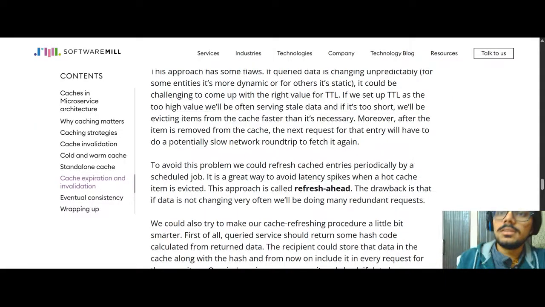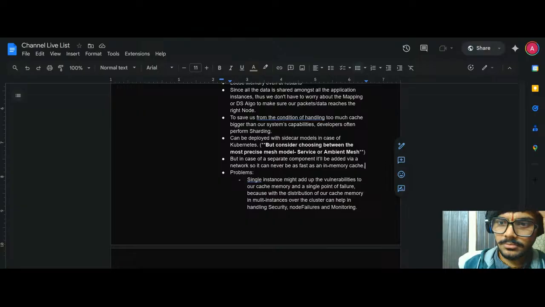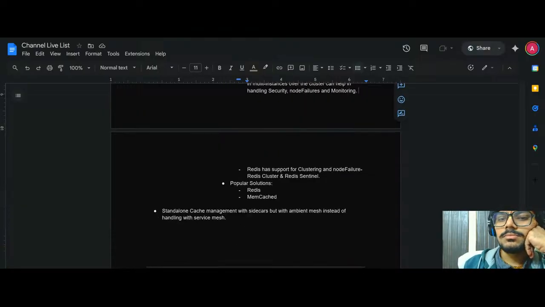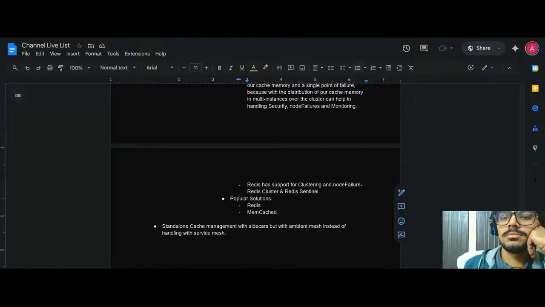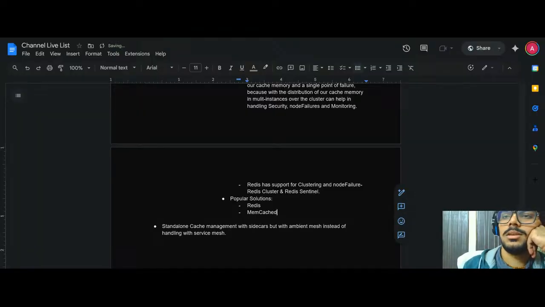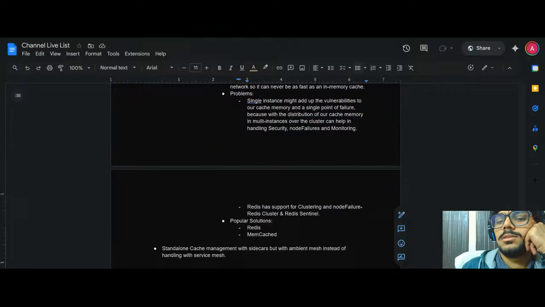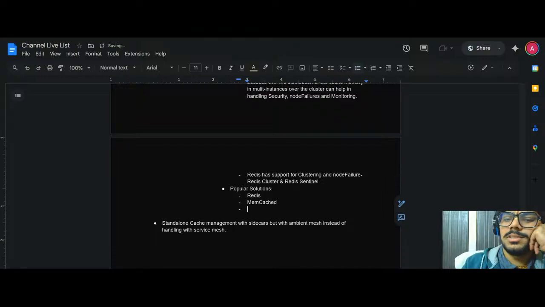Great. Let me change our tabs as well. What is it? Yeah. Popular solutions. Nope. We were talking about just now the TTL, right? Yeah. So it is a problem. You need to write it.